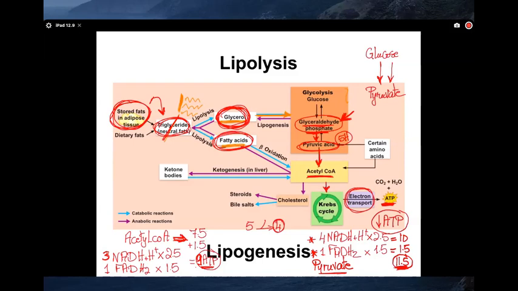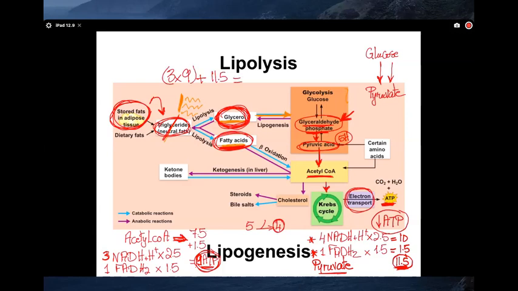Remember, how many fatty acids do you have per triglyceride? 3. 3 fatty acids, and each fatty acid is going to be yielding 9. And how many glycerol do you have per each triglyceride? You get only one glycerol. So plus 11.5.